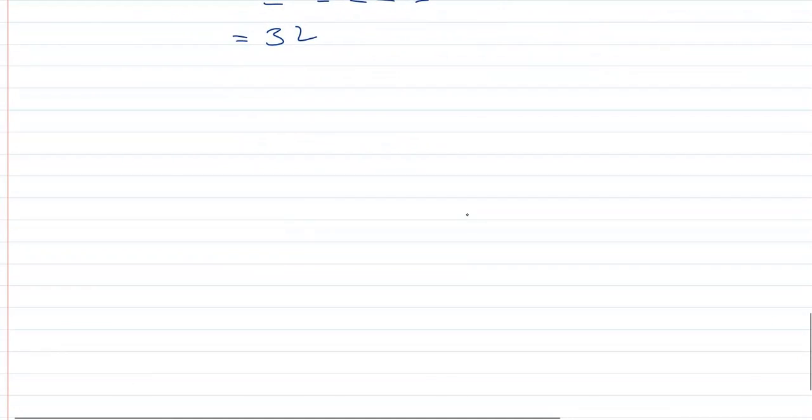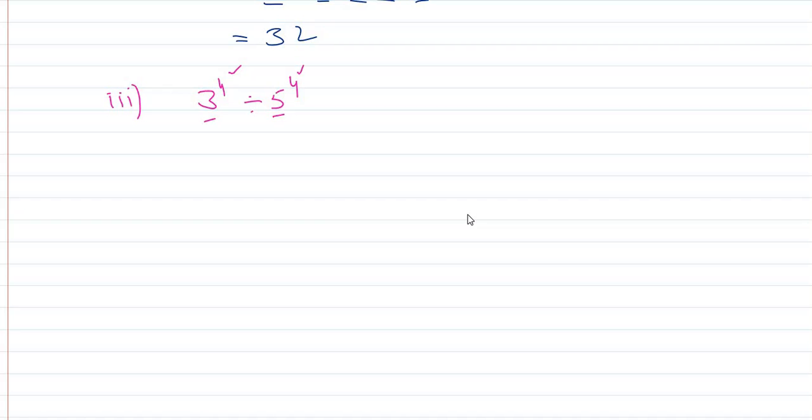Now I am solving its part number 3. Part number 3 is 3 raised to power 4 divided by 5 raised to power 4. In this situation you can see bases are different but powers are the same.